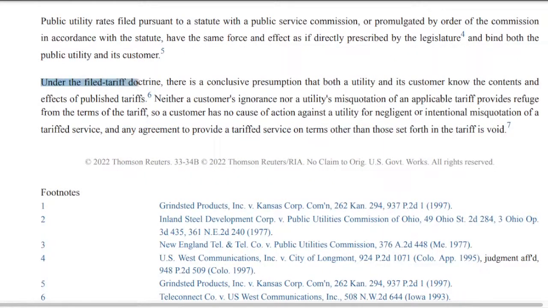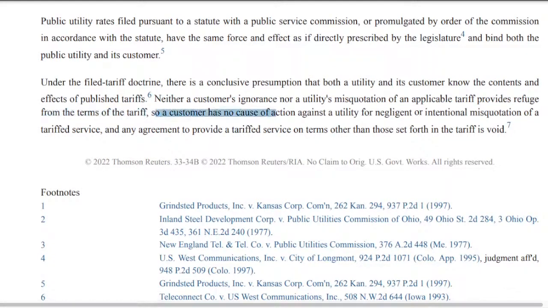So there's a filed tariff doctrine, conclusive presumption that both utility and its customer know the contents and effects of published tariffs. Okay? Neither customer's ignorance nor utility's misquotation of an applicable tariff provides refuge from the terms of the tariff.